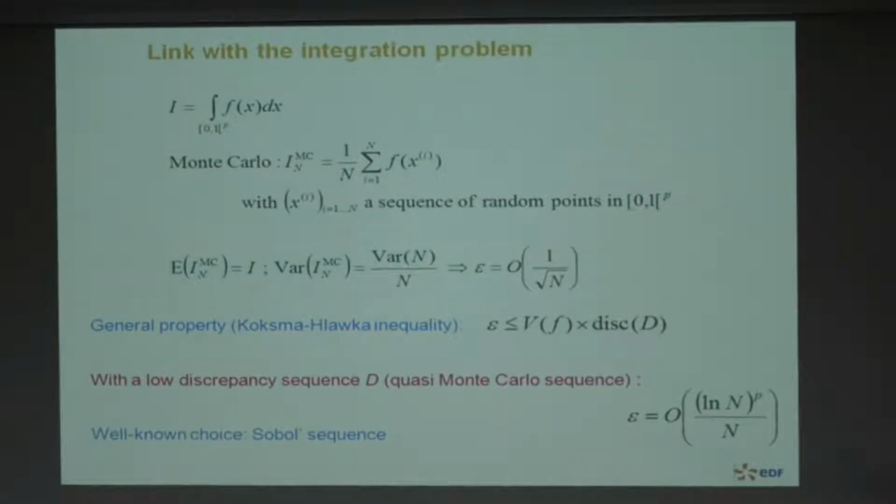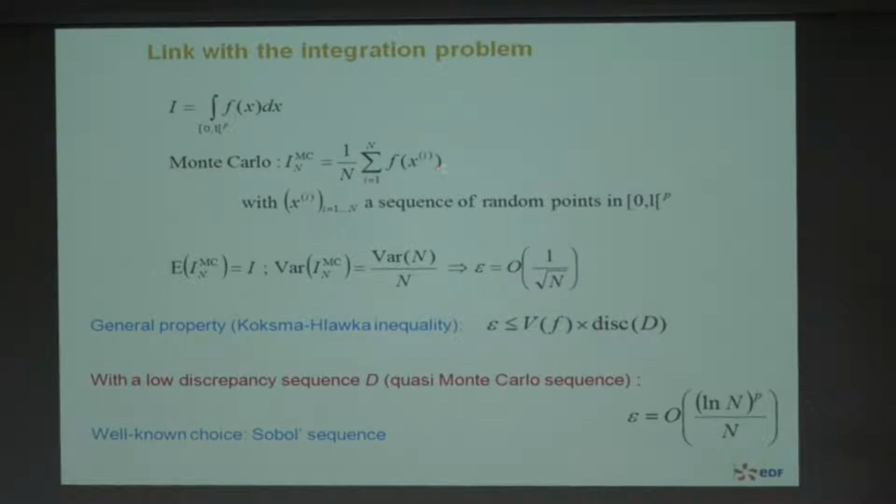Before I continue, I will make a little link with what we saw Tuesday about Monte Carlo and the integration problem. I said that the integration problem consists of computing the integral of a function on a domain, and Monte Carlo proposed just to take the empirical estimator by creating a sequence of random points.